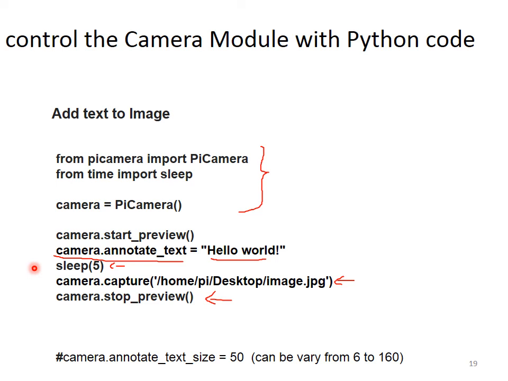Finally, you keep a delay, then capture the image, and then stop the preview. You can find the hello world text on the image at the respective location.